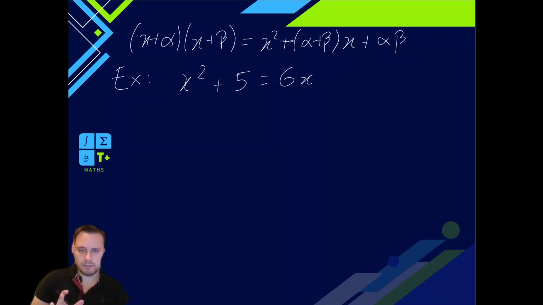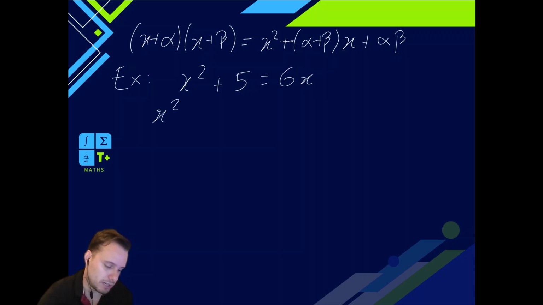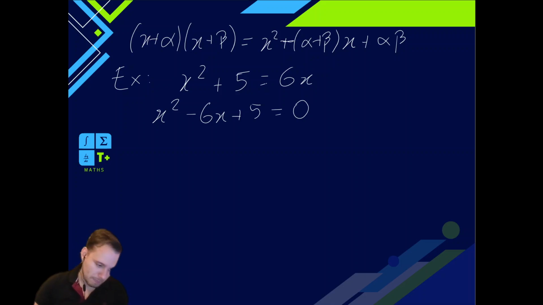So the first thing that we need to do is rearrange it so that this is equal to 0. So first, that's going to be x squared. I'm going to subtract 6x from both sides, and we're going to have negative 6x here, and then we're going to add 5, equal to 0. So this negative 6 that we have there is going to be playing the role of our alpha plus beta.